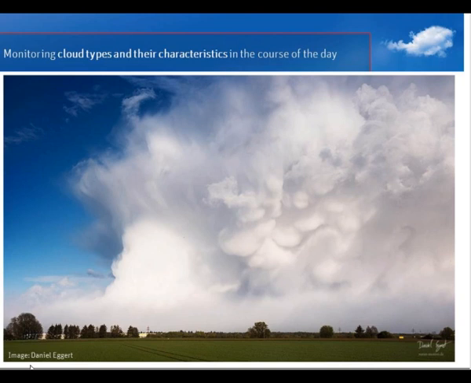So you see here this really impressive image of this thunderstorm cloud, this cumulonimbus. You see the anvil section, some cirrus, you see the mammatus clouds over here, and you can see so many nice features if you're in the vicinity of a cloud.